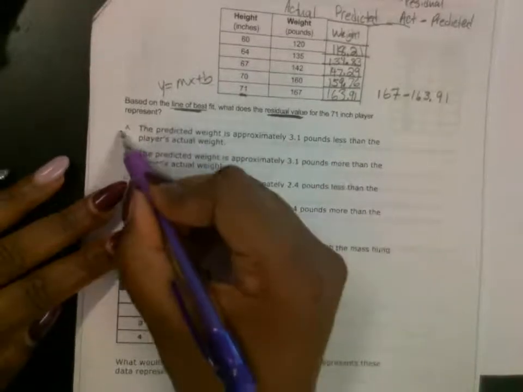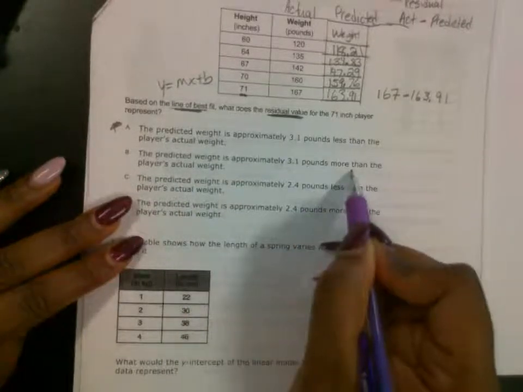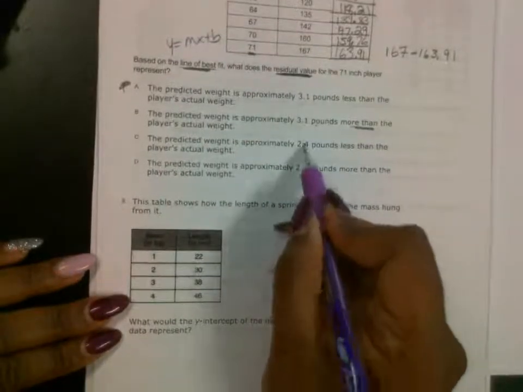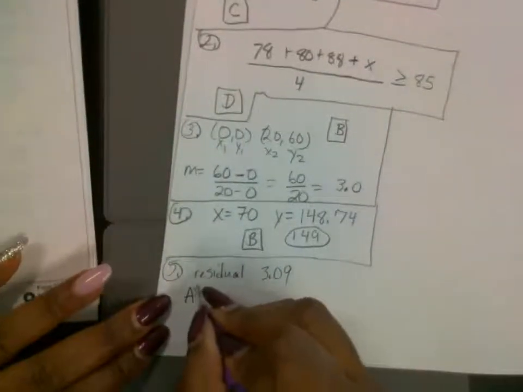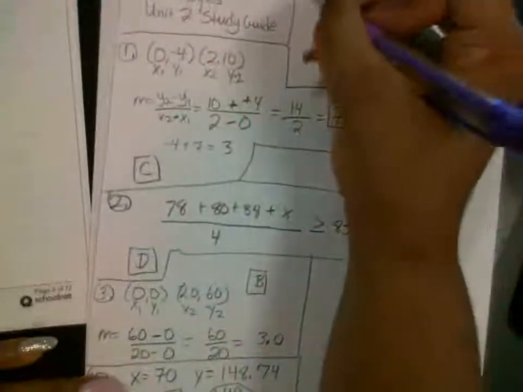So far this is the best answer. The predicted is approximately more, no, it's not more than the actual weight. Here, these numbers are wrong. So our best answer here is going to be A. So here for number 5, we're going to put A on our paper. And we're going to move on to number 6.